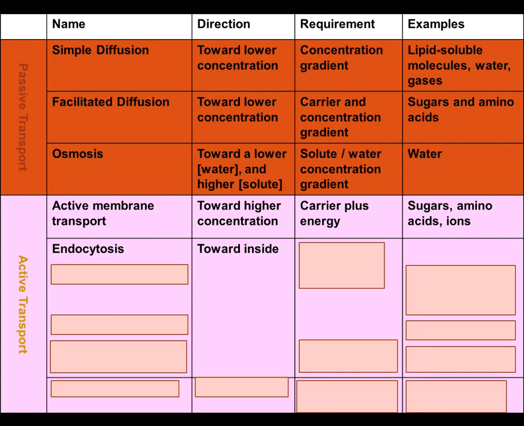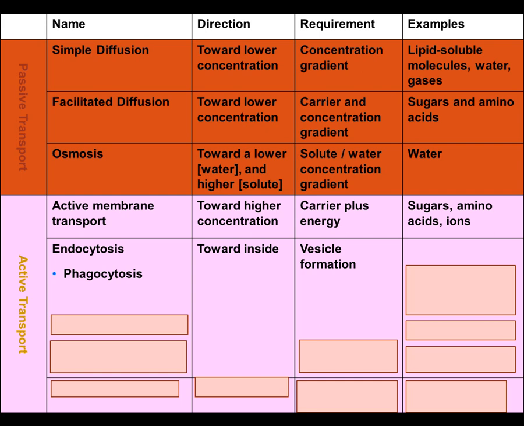There are several subcategories of endocytosis. Okay, so let's review each of these. The first form of endocytosis is called phagocytosis.